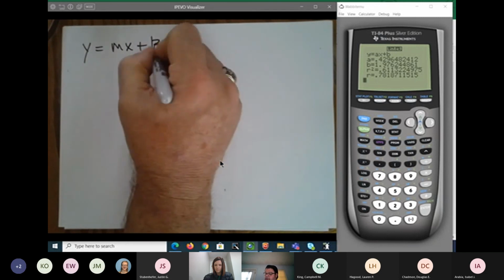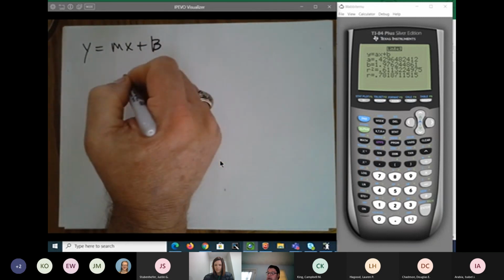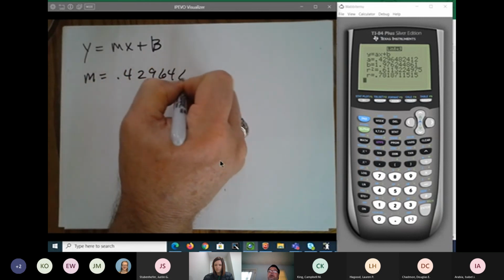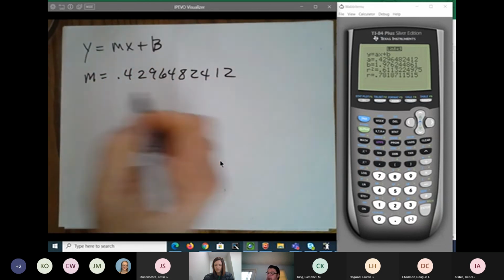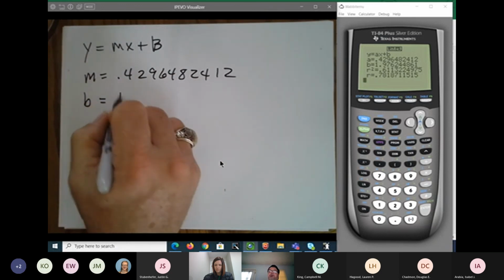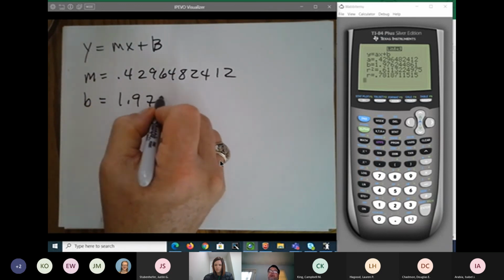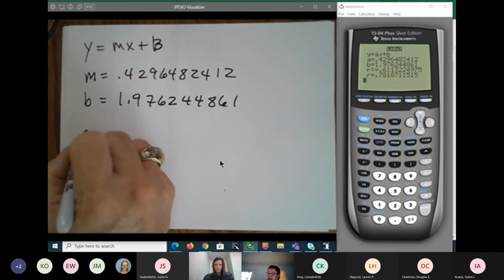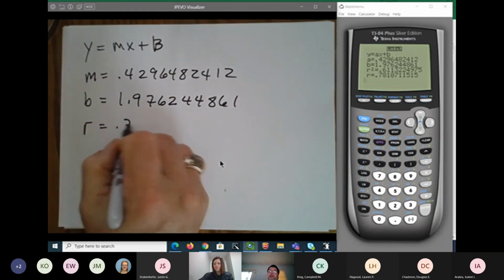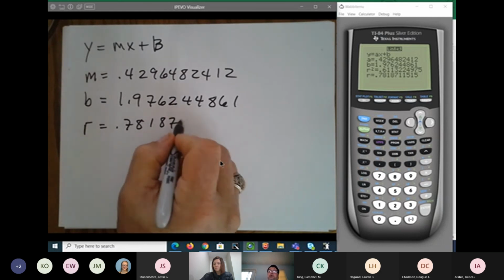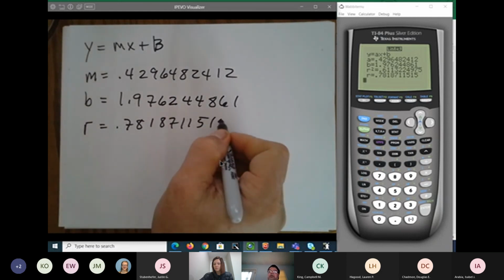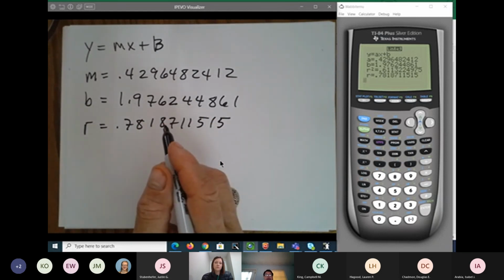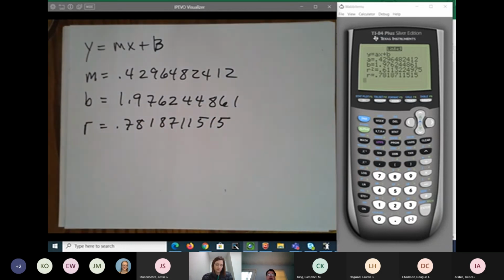M is equal to 0.429648241, and B is equal to 1.976244861, and R is equal to 0.7818711515. Now, you don't have to write all this down, but you need to have it in front of you on the calculator so you can type it in to graph it.